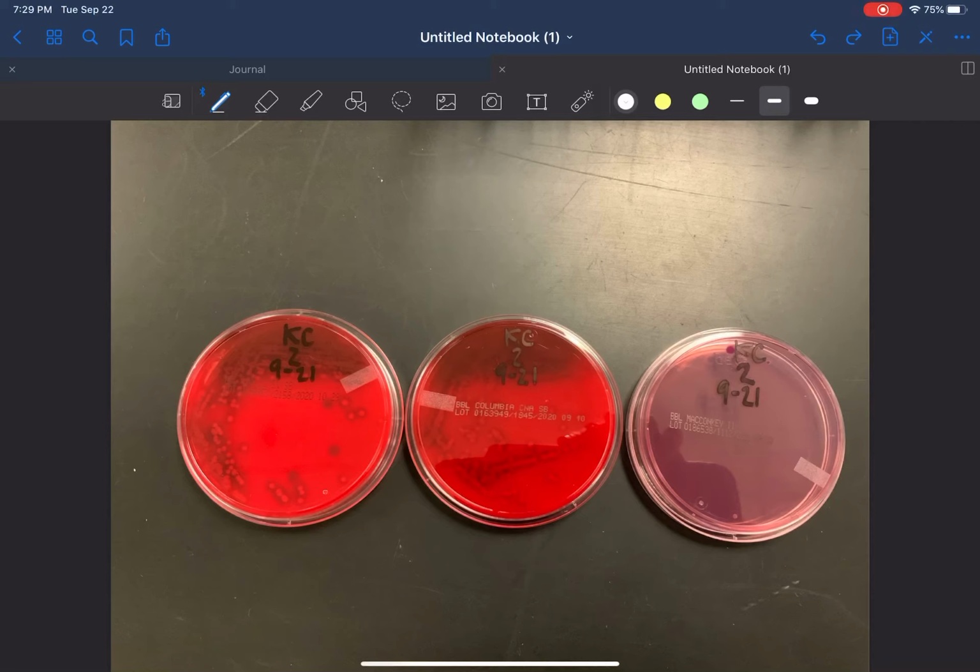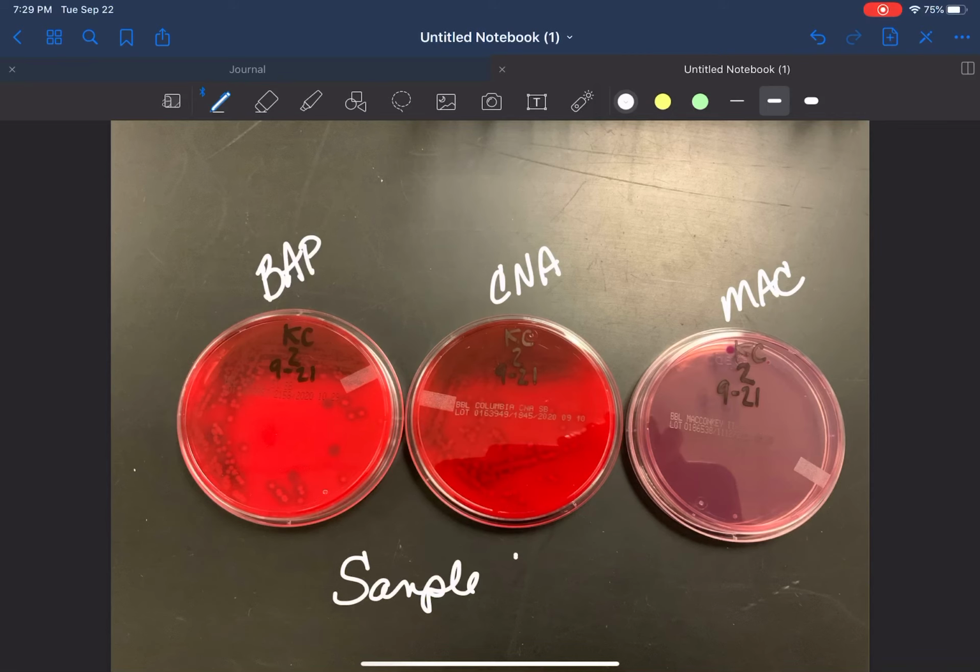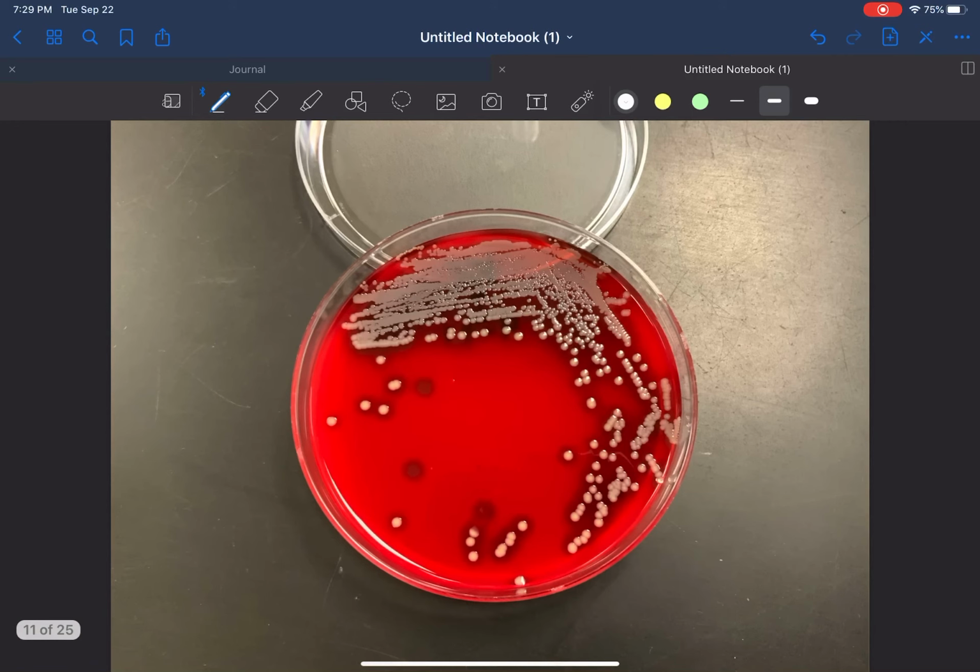So this is our blood agar plate, this is our CNA, and this is our MacConkey. The first thing we look at, and this was sample number 2, is our blood agar plate closely.